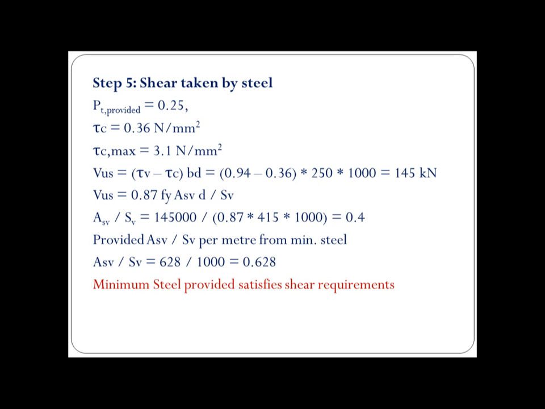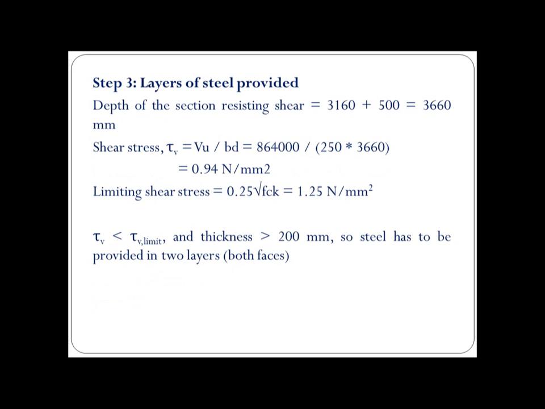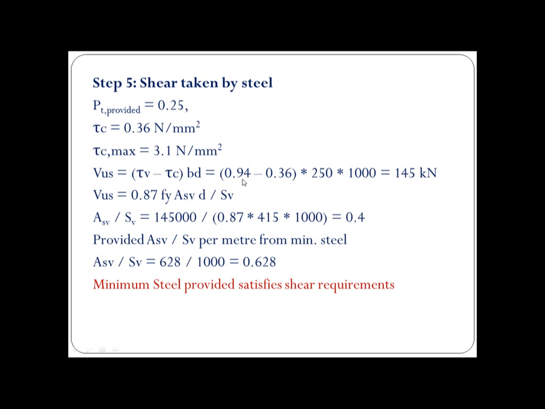Now, that additional shear, we use the same thing from limit state of shear, ultimate limit state shear. So Vus equals tau v minus tau c into bd. So tau v is 0.94 Newton per mm square, which we have calculated earlier, and 0.36 is the allowable shear stress, into the thickness 250 into 1000.